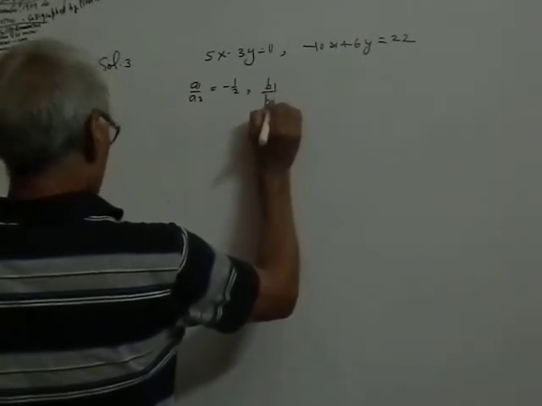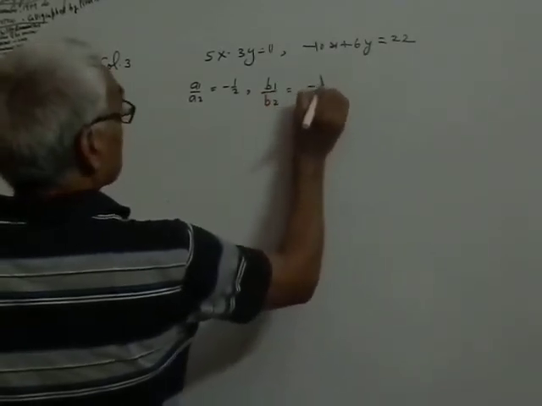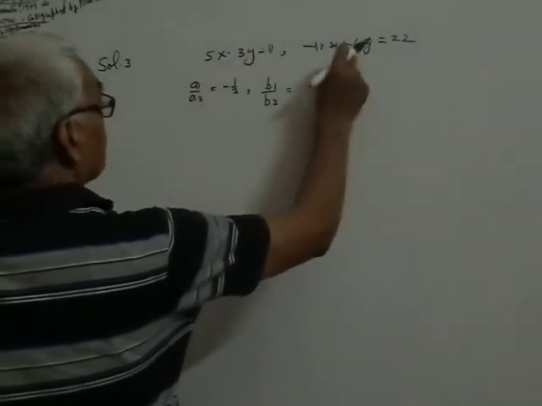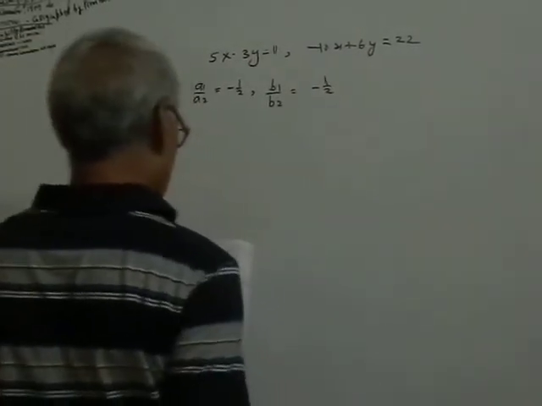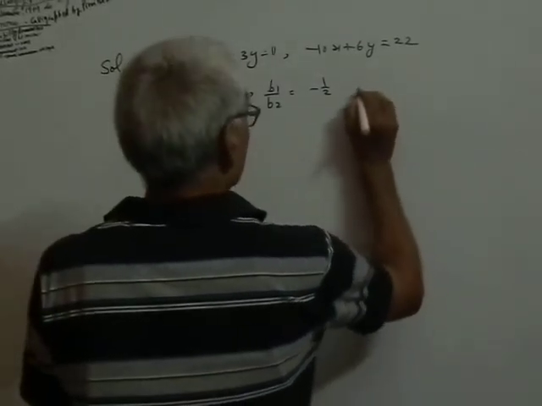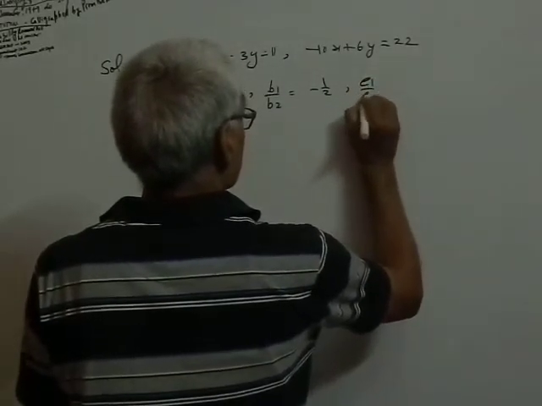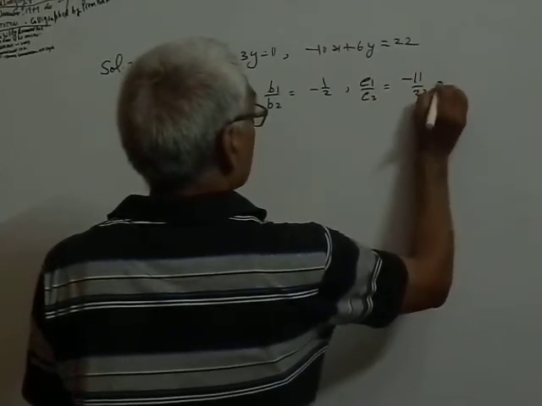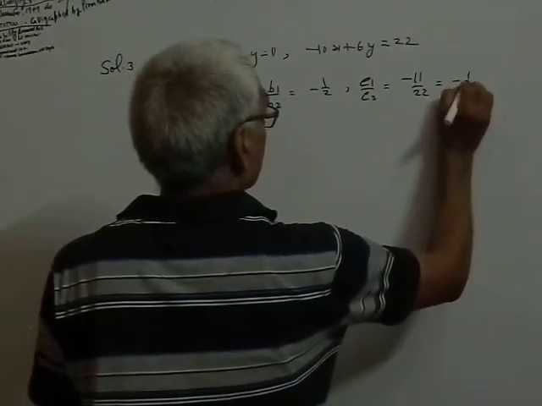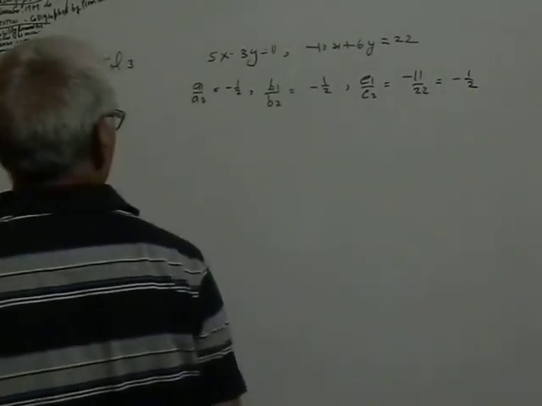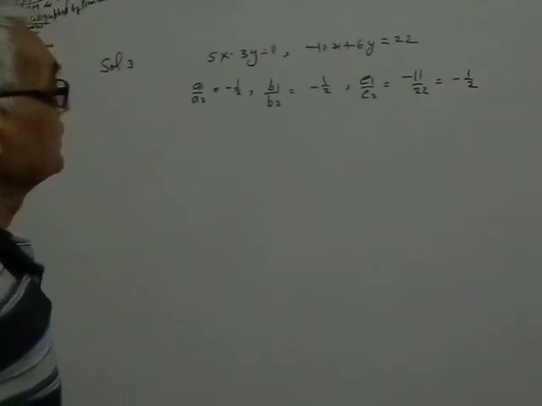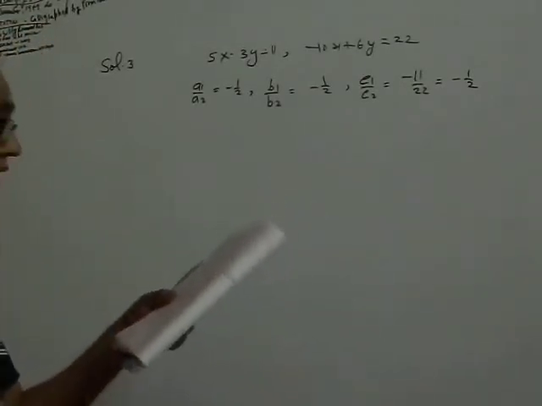b1 upon b2 is again minus half, 3 by minus 6, again minus half, and c1 upon c2 is minus 11 by 22, that is minus half. Here a1 upon a2 is equal to minus half, b1 upon b2 is equal to minus half, c1 upon c2 is equal to minus half.